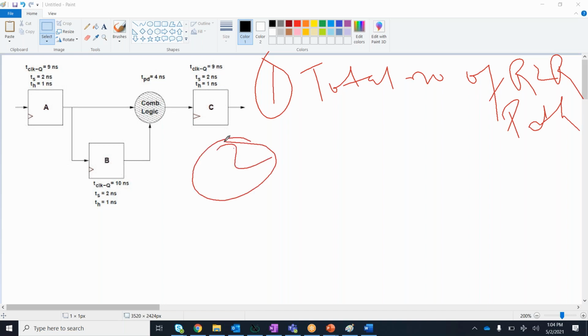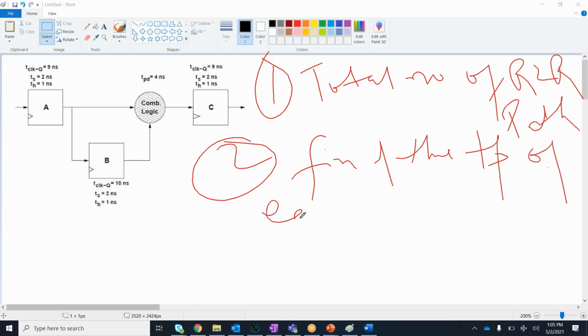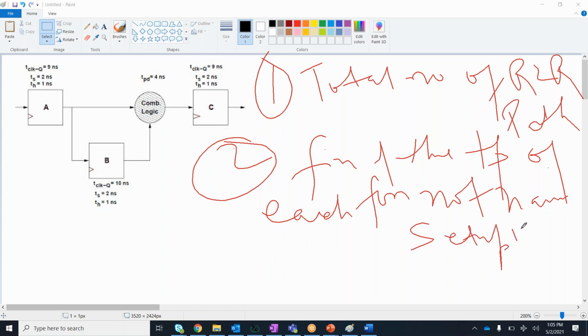Second step, find the time period for each path for not having setup violation.